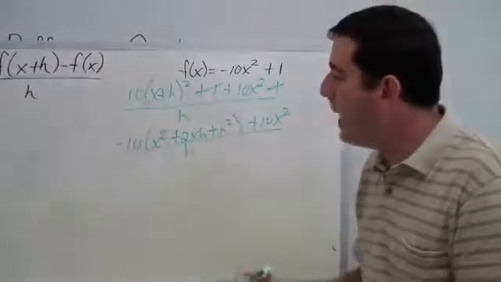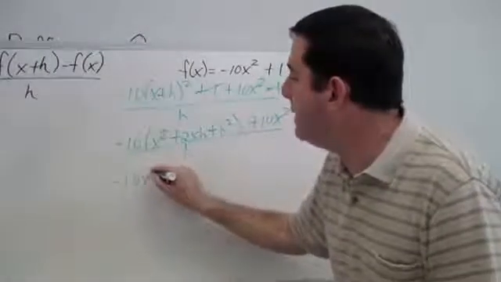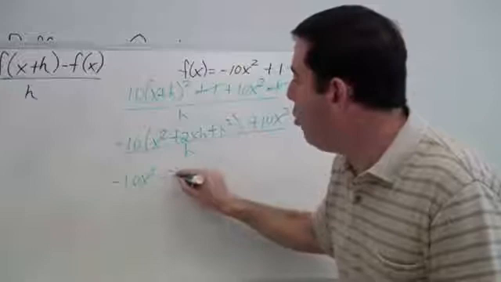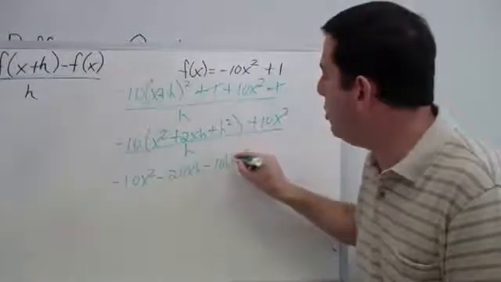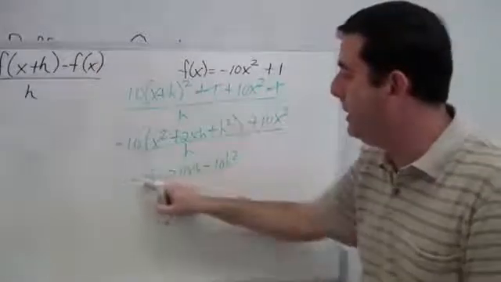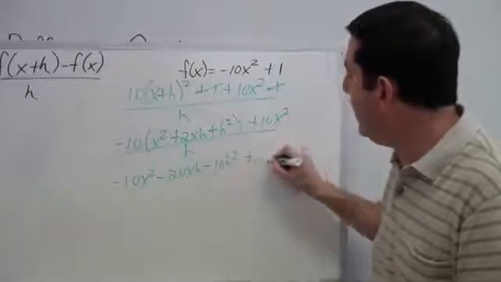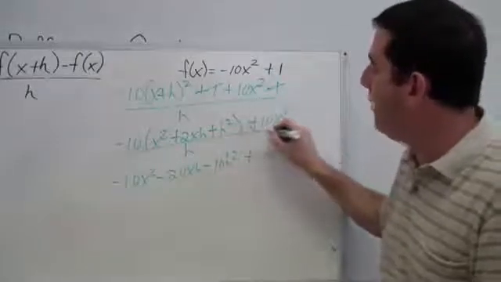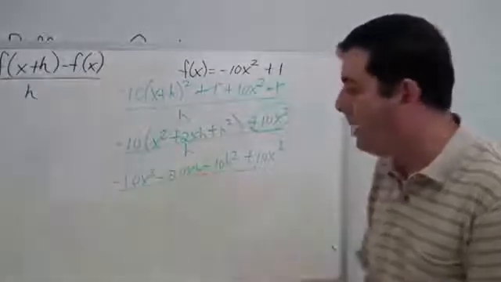Let's distribute minus 10 into the parentheses. It's minus 10x squared minus 20xh and minus 10h squared. When I distribute negative 10 into the parentheses, it gives me this. Bring down the plus 10x squared that was on the back, and all of this is still over h.